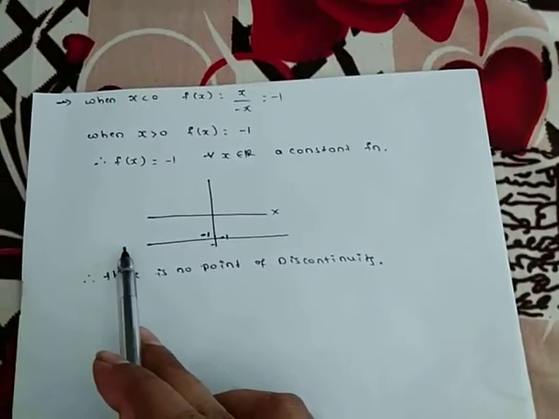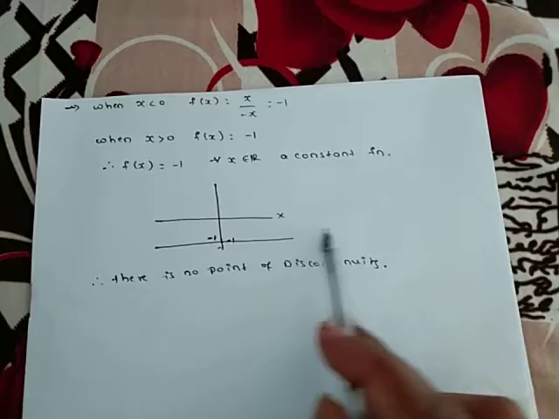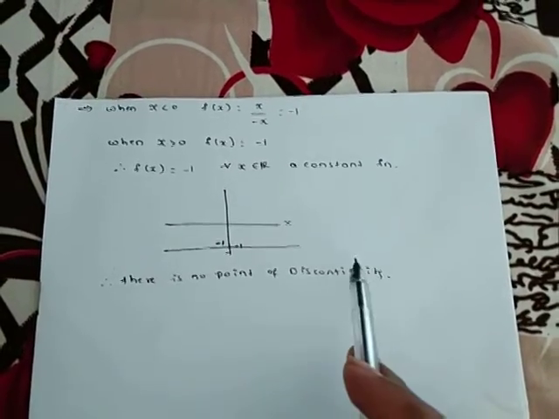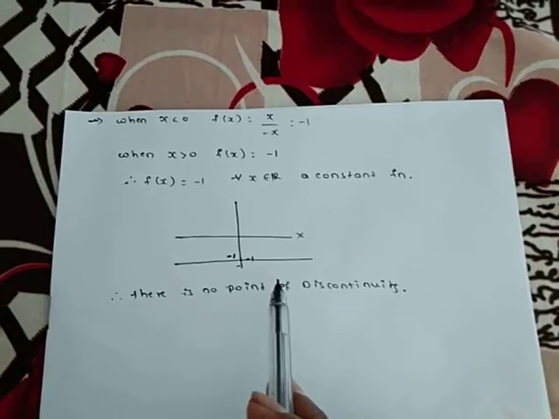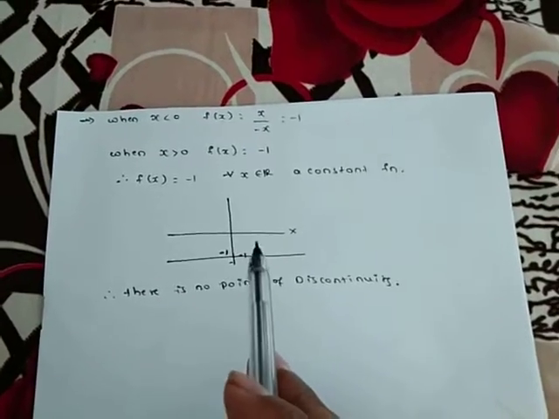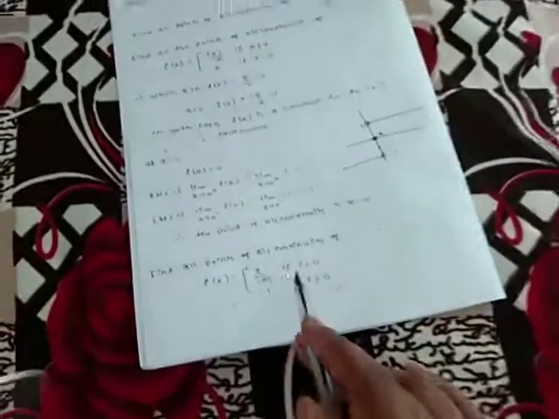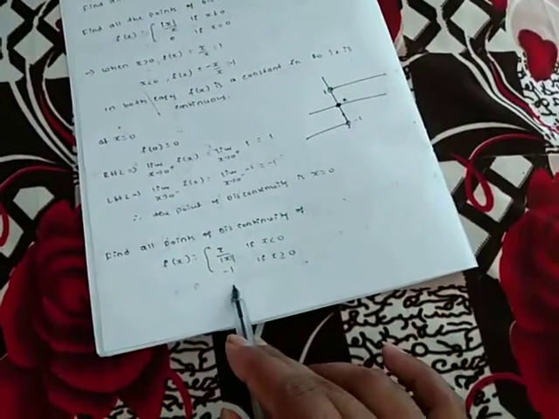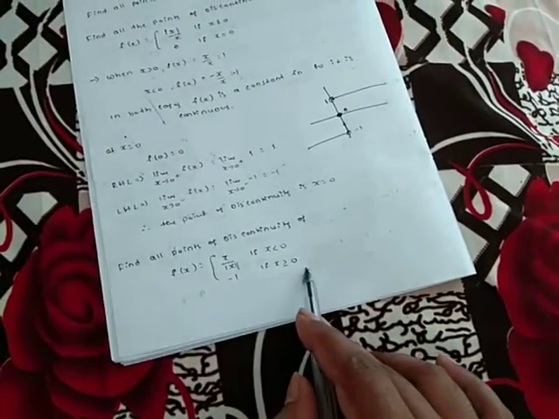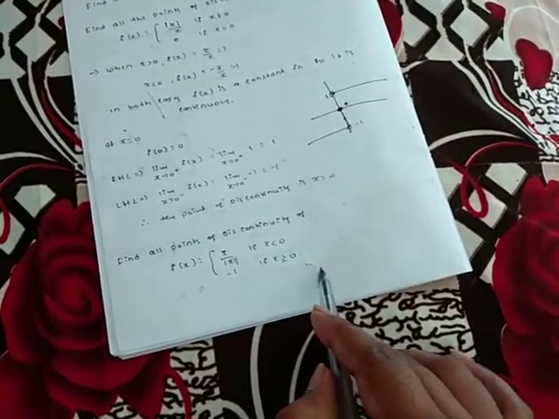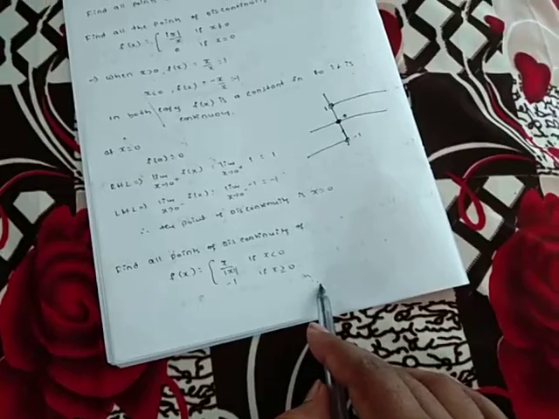If you draw the function in a two-dimensional graph, we can draw without lifting the pen, which means the given function is continuous. Therefore the given function f of x equal to x divided by mod x if x is less than 0, minus 1 if x is greater than or equal to 0, is a continuous function, containing no points of discontinuity.